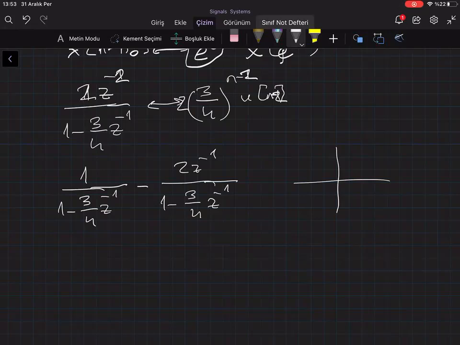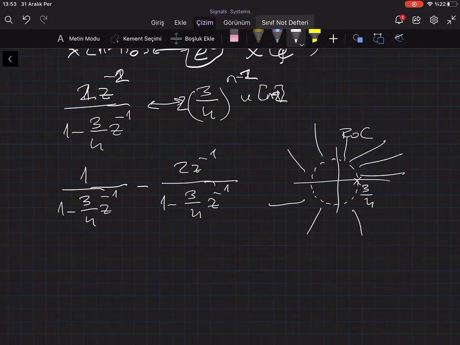You know, I have plotted my z ROC curve as this, değil mi? And I said that this is a right-sided sequence. This is a right-sided system. This is a stable and causal system.